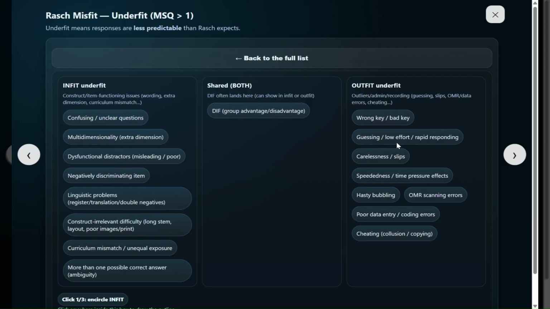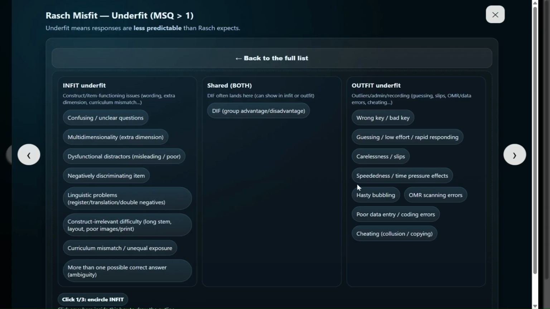Also, guessing will cause the lower student to have higher marks sometimes. Low effort or rapid responses and carelessness from high students can do that. Slips, sometimes speediness, time pressure effects also can cause high ability students to appear low.